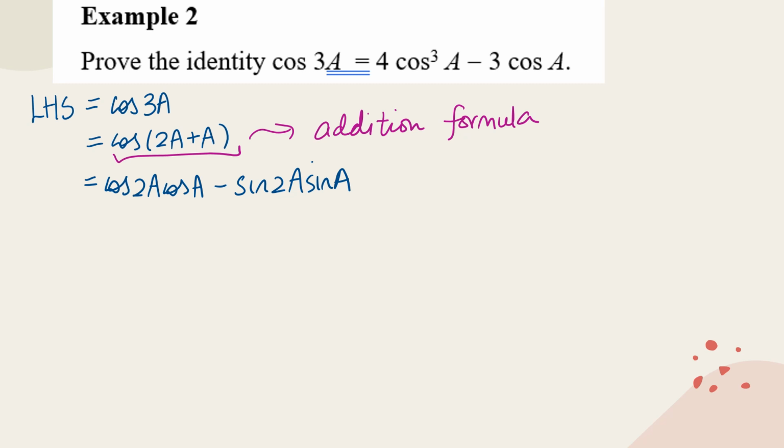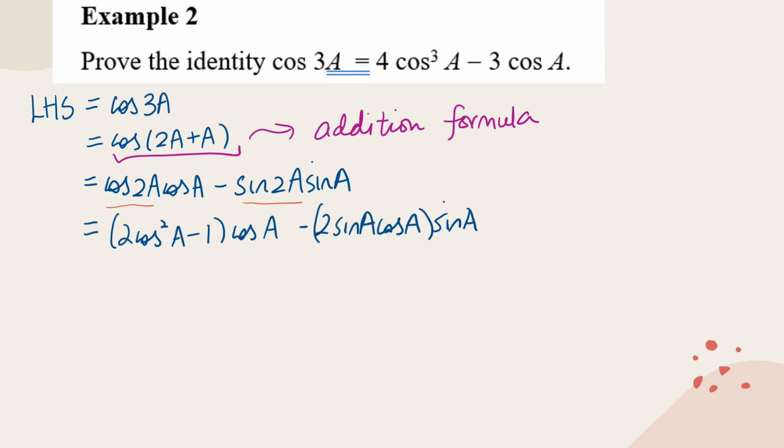After applying the addition formula, you realize that this one here is a double angle, and this is also a double angle, so we can apply the double angle formula for cosine 2a and also for sine 2a. Be very careful: you need to bracket this. If you don't bracket it, then the whole idea is not the same anymore, and what you're getting is something like this.